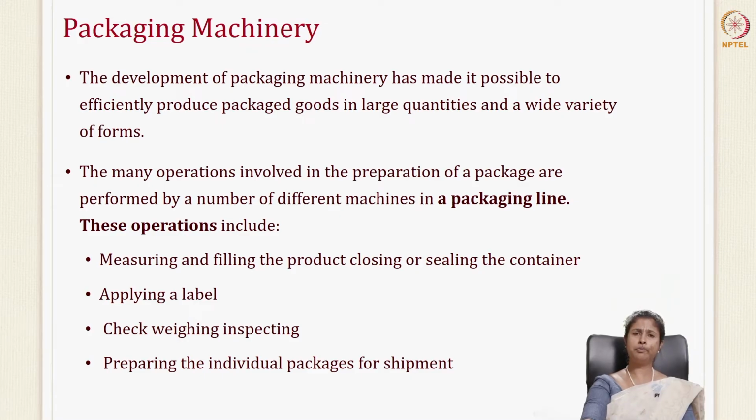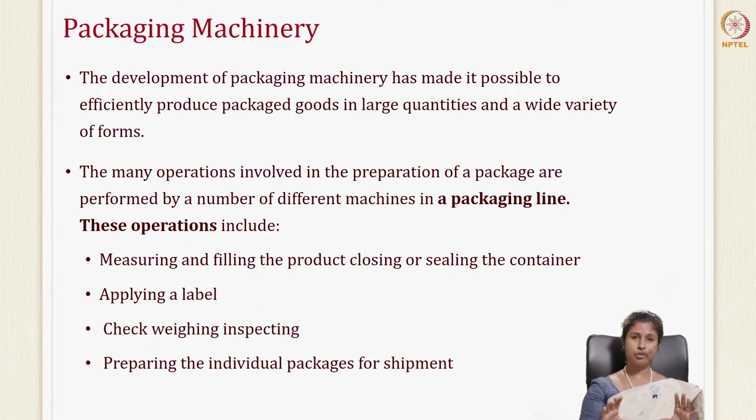So many operations are involved in the preparation of a package, as you know. And all the operations that are involved come under the packaging line. And the packaging line involves a number of machinery. The operations that are usually done are, as you can imagine, you need to measure and fill the product into your package, which is most important. Seal the package, which is another operation.